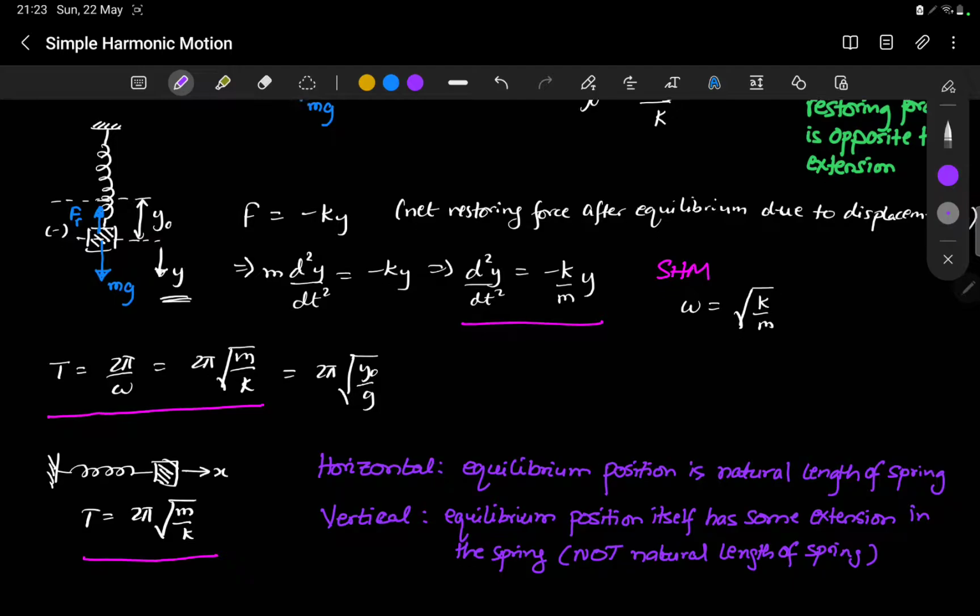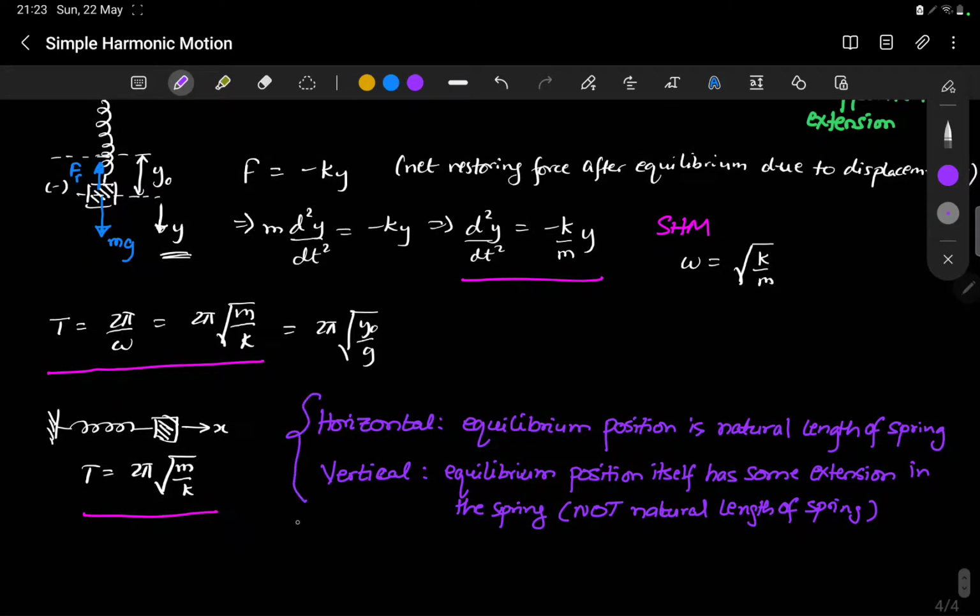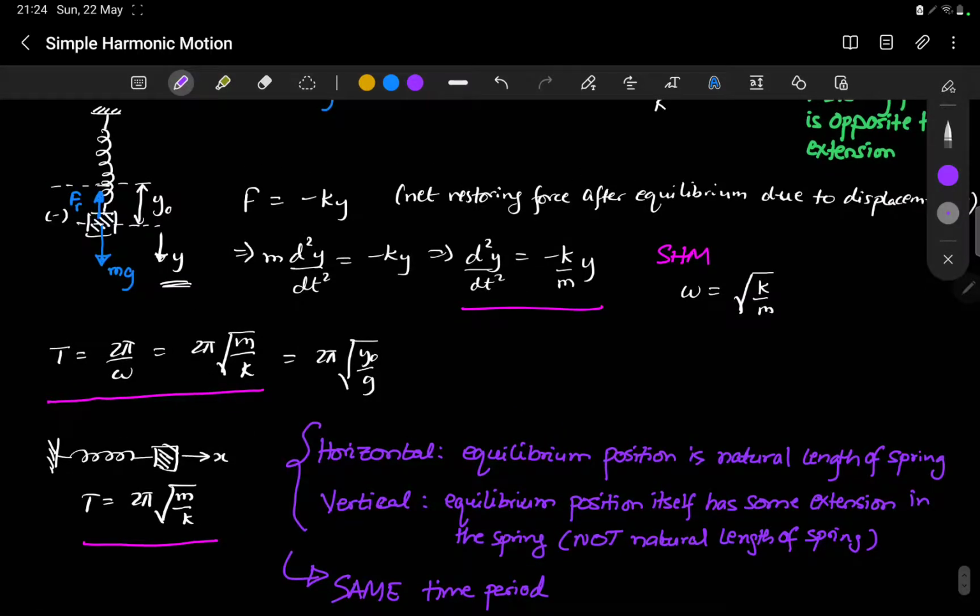But other than that, the time period for both of these is going to be the same. So, the horizontal spring mass system is essentially equivalent to a vertical spring mass system.